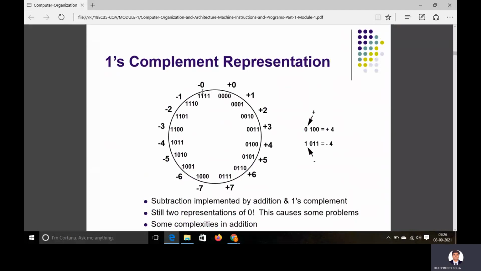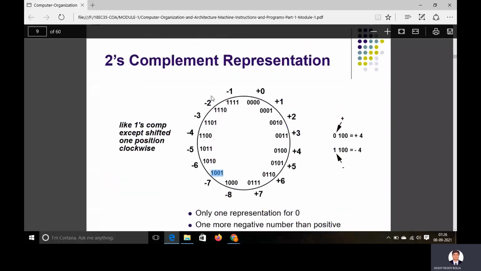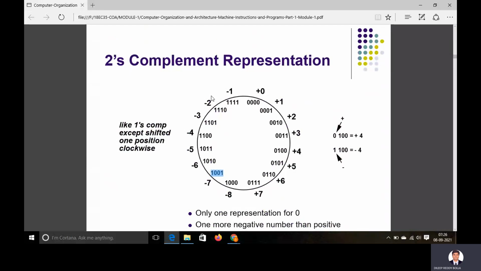We have two types of representation, and this creates confusion. So to eliminate that, they proposed the two's complement representation, wherein there is no confusion with plus 0 and minus 0. That's the advantage. The two's complement system has only plus 0 representation.